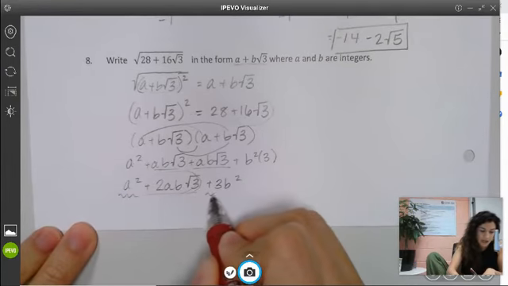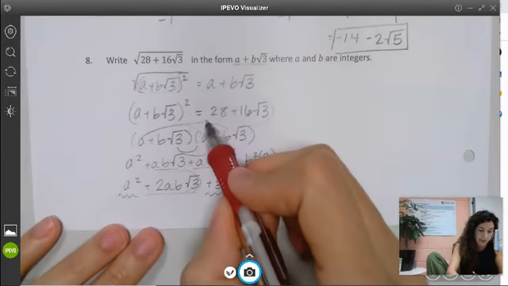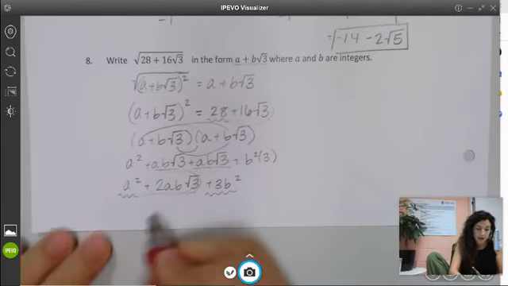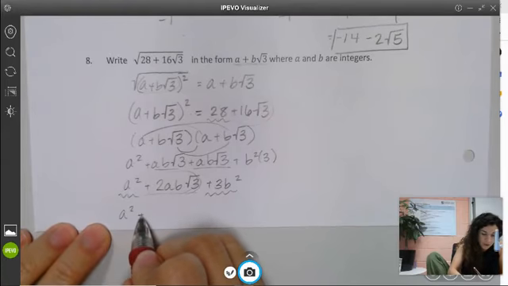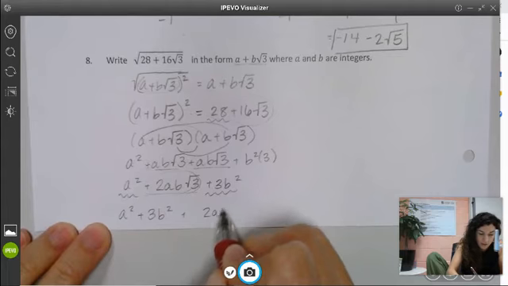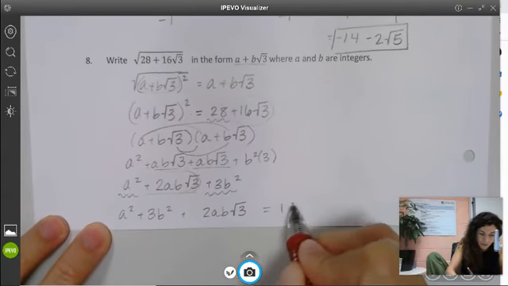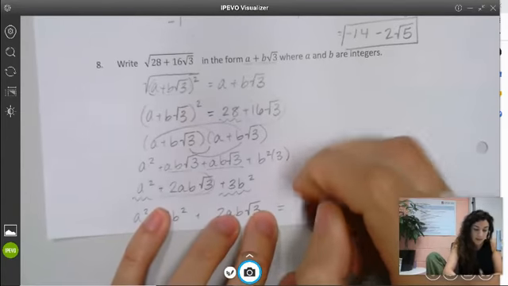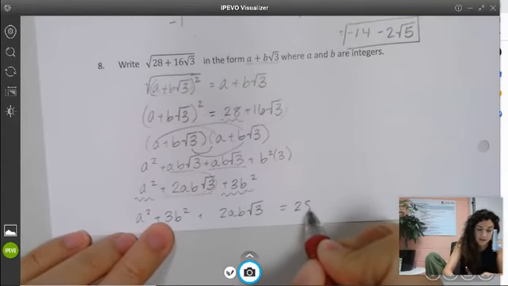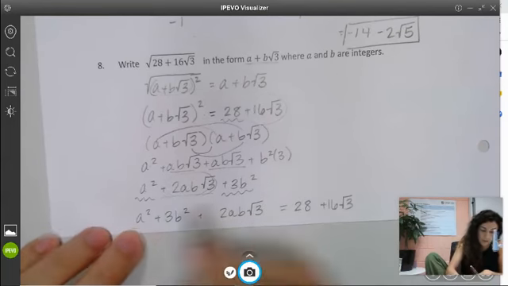Now we've got a squared and 3b squared that add together that don't have a square root of 3 on it, which means that it needs to match up with 28. So rewriting it, I'm going to do a squared plus 3b squared plus 2ab square root of 3. And that must be equal to, not 18, but 28 plus 16 times the square root of 3.